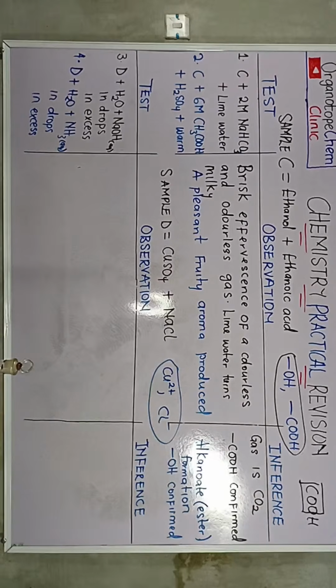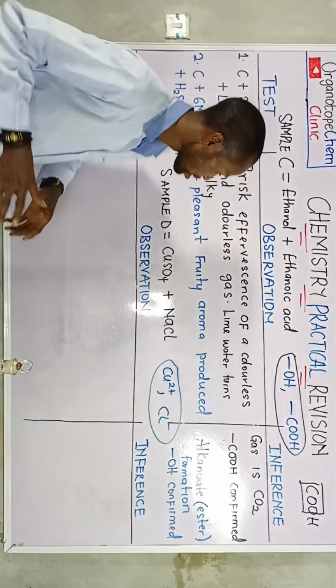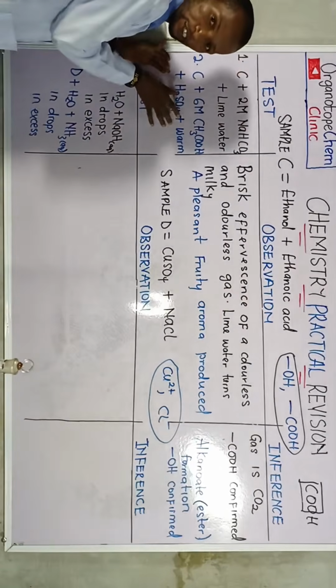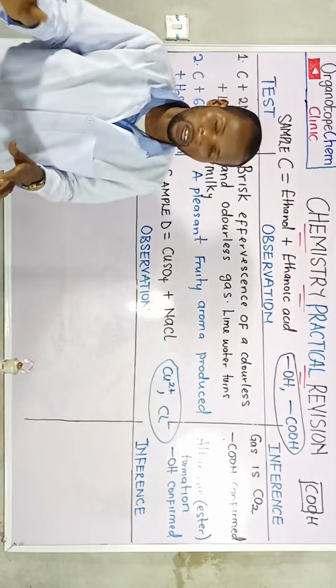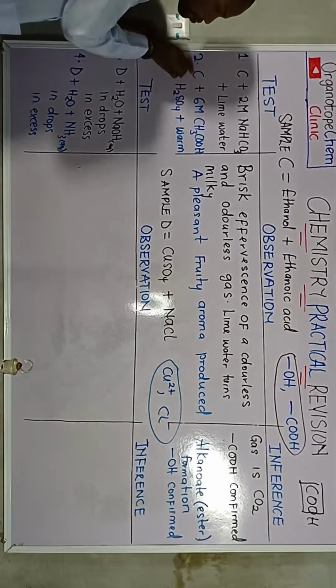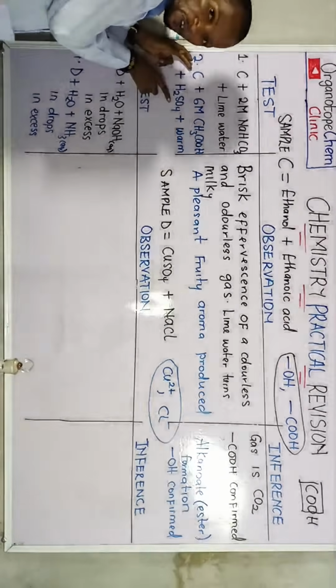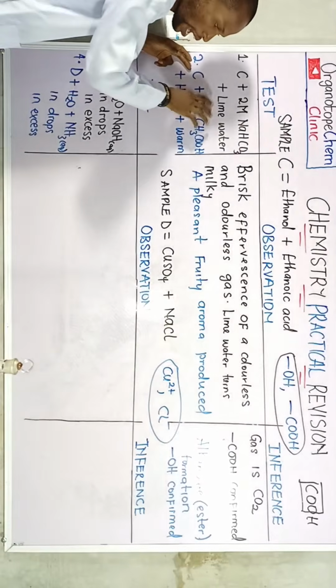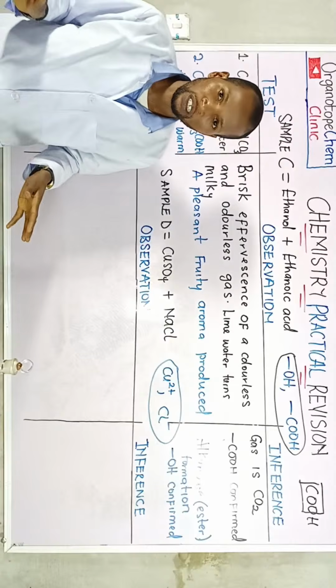Now, one thing about this practical: during the marking exercise, if the orientation of your test is wrong, for example if you've written sample C plus H2SO4, then you now have 6 molar ethanoic acid, that is wrong, okay?